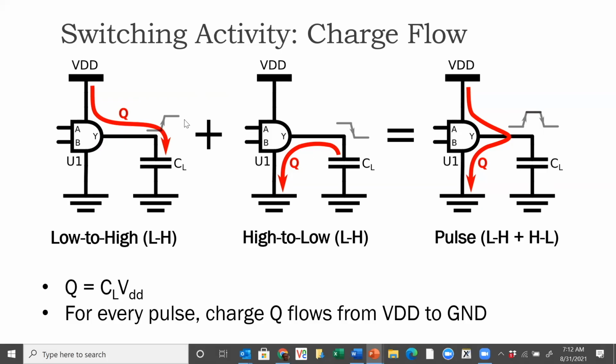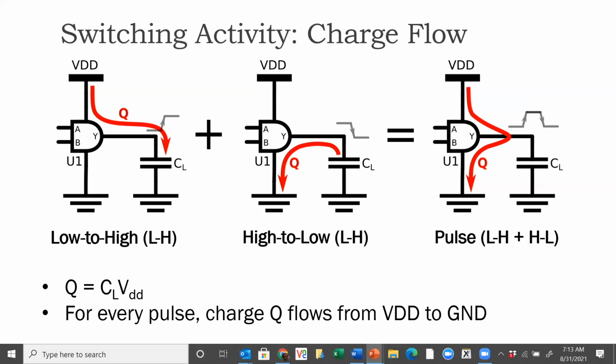So during a low to high transition, charge Q flows from VDD to the capacitor, and during a high to low transition, the same charge flows from the capacitor to ground. So if you consider a complete pulse that goes from low to high and then high to low, you will see a charge Q flow from VDD to ground. So how much is this charge Q that goes from VDD to ground every time there's a pulse?